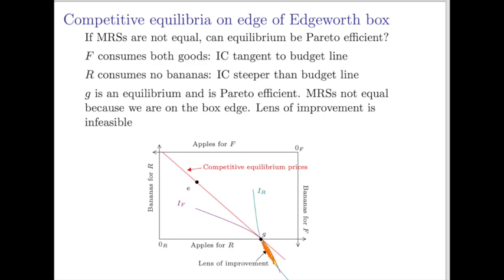In other words, that involves allocations that are not feasible. So those are allocations here where Rob's consuming a negative number of apples, or sorry, a negative number of bananas. So there's no feasible allocation where both of them are better off. So indeed, this allocation G is Pareto efficient.